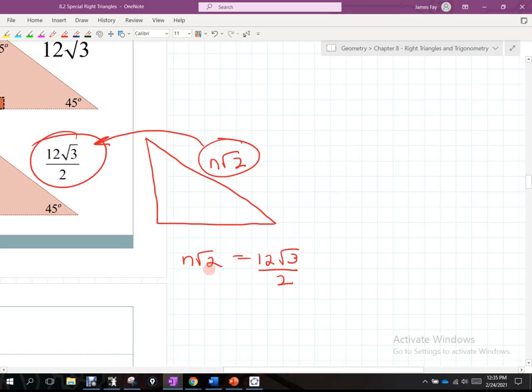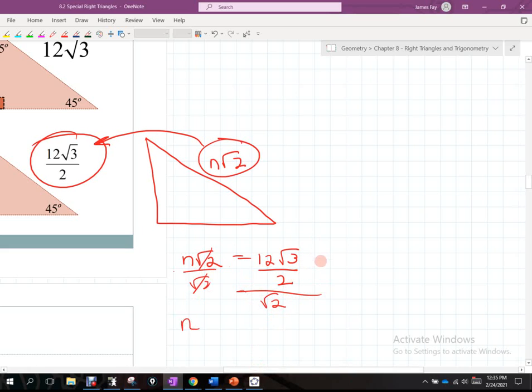Okay? What would I do here to solve for n? Does this matter at all? Do I even care what that thing is right now? What was the step when it was 12? What was the step when it was 15? I divide by radical 2, right? I got to isolate the n. So I'm going to come over here and divide by radical 2.